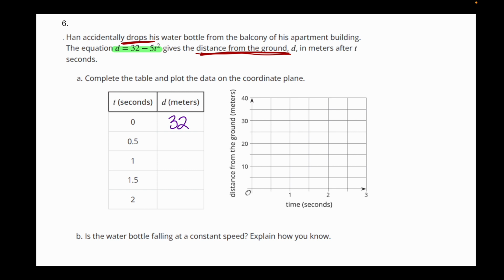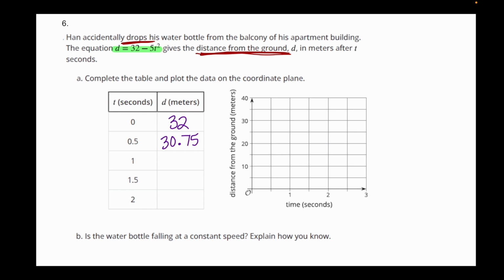So when we plug in 0.5, you want to make sure that you are plugging this into your calculator using parentheses. But you should get 30.75. Well, now when we plug in 1 is also pretty easy, so I don't even need to use a calculator for this one because 1 squared is 1, which means that this is going to become 32 minus 5.